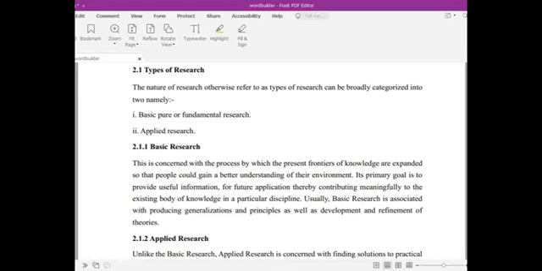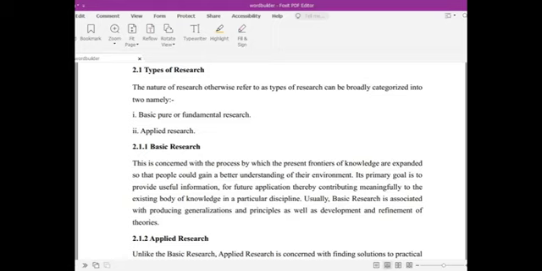Usually, basic research is associated with producing generalizations and principles, as well as development and refinement of theories. So we look at this basic research.